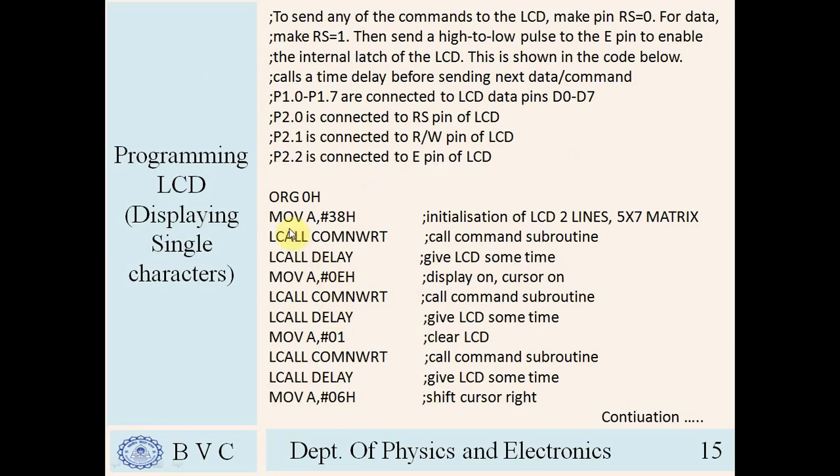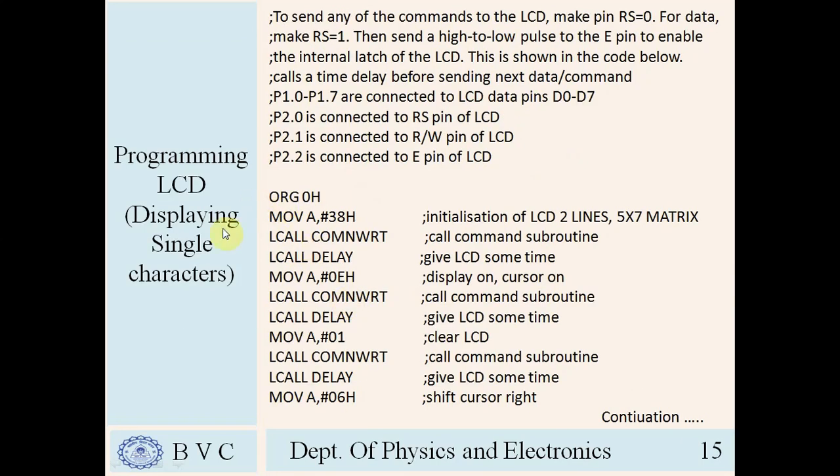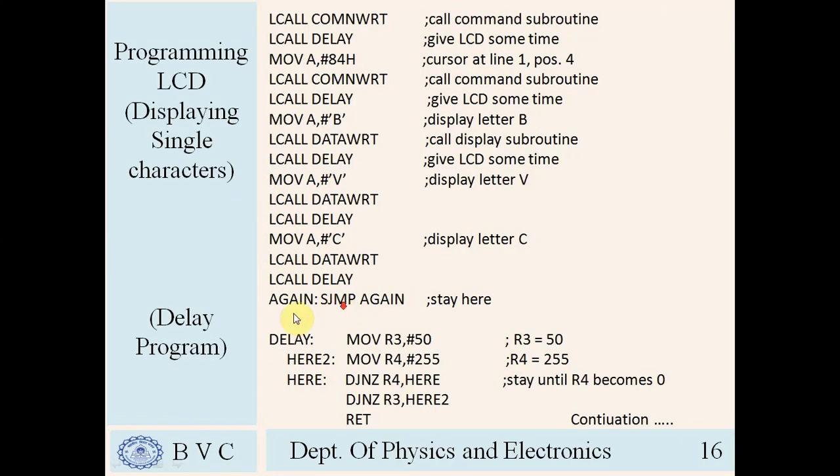These instructions are executed only once. If you put an SJMP, short jump, back here, there will be a repeated display of BVC continuously on the screen. But if this location is labeled as again, it will display BVC and stop once.